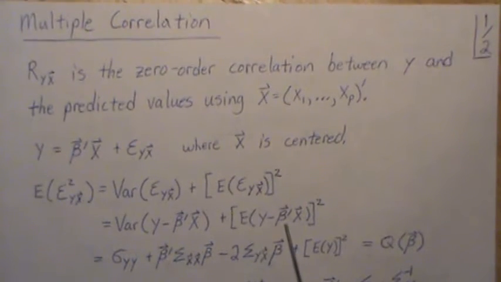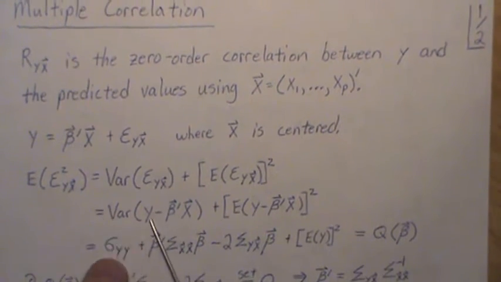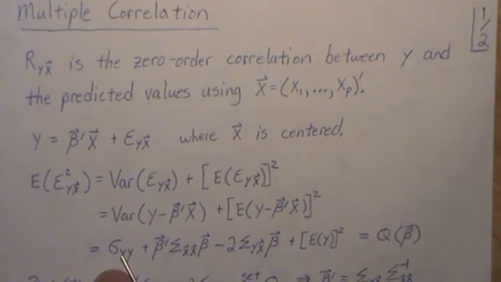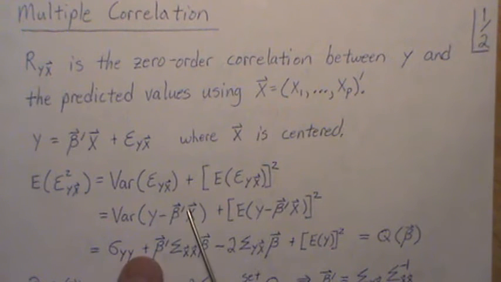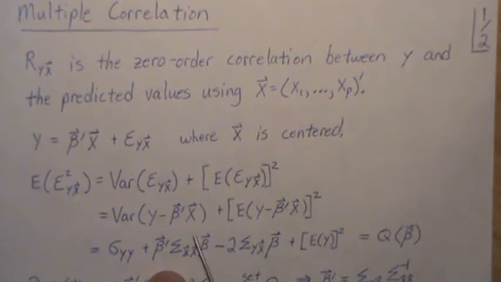The variance of y is sigma yy, so I just denote it by the variance. Then the variance of this is going to be plus beta transpose, then it gets transposed back out, and it's the variance of x, which we'll denote by the covariance matrix sigma xx.